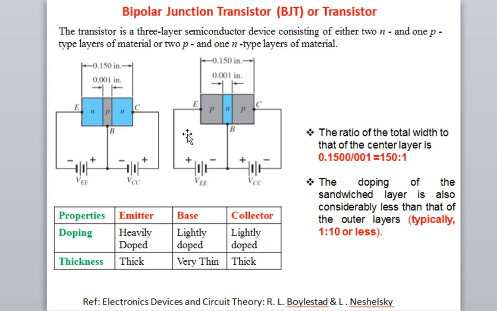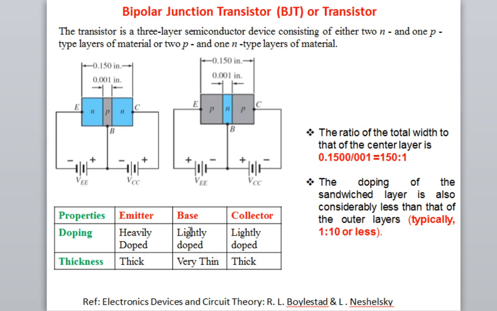The few properties of the emitter, base and collector I have mentioned here are doping and thickness. The first property is that the emitter must be made from heavily doped semiconductor. The collector must be made from lightly doped or moderately doped semiconductor, and the base should always be made from lightly doped semiconductor.